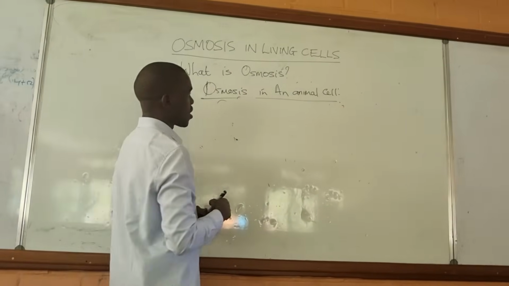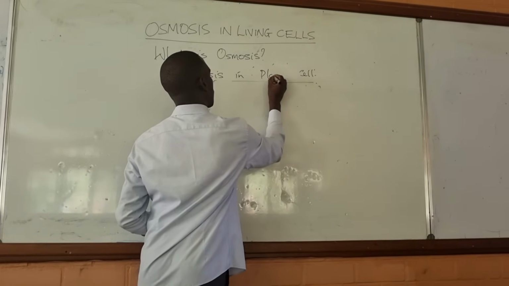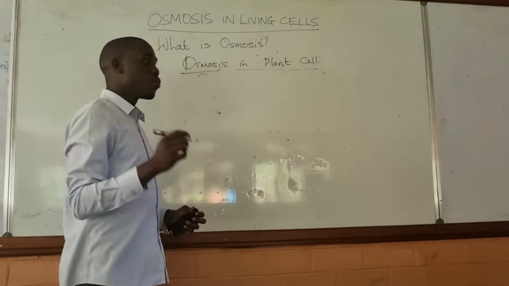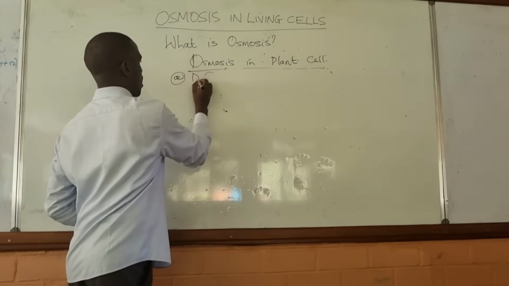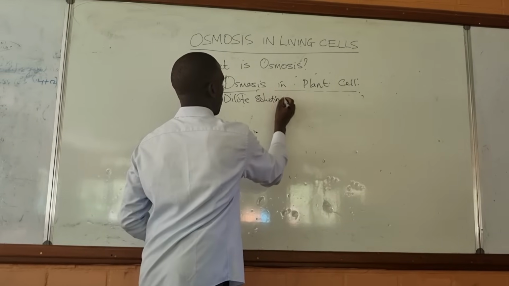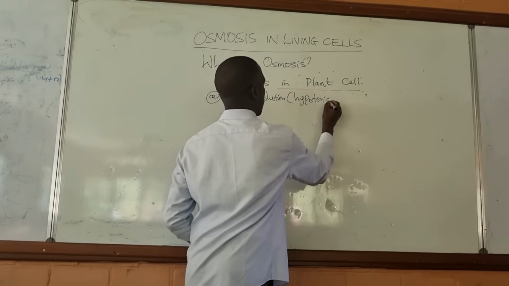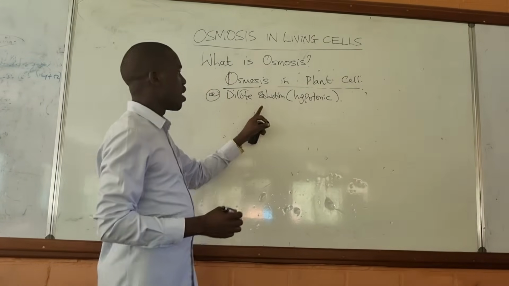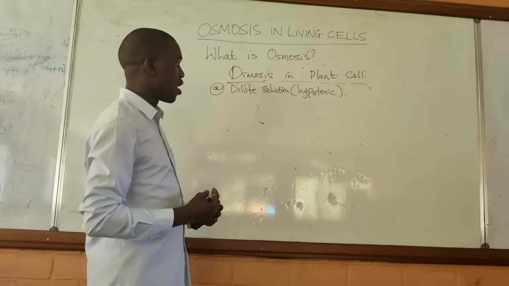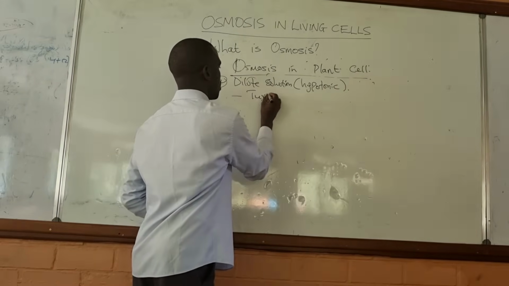Osmosis in a plant cell. So if you put a plant cell in a dilute solution, what we also call hypotonic solution, a plant cell in hypotonic solution is going to absorb the water, and after absorbing the water, it is going to become turgid.